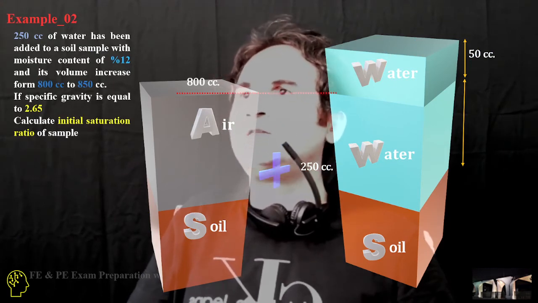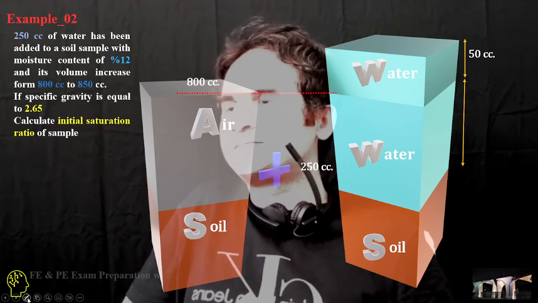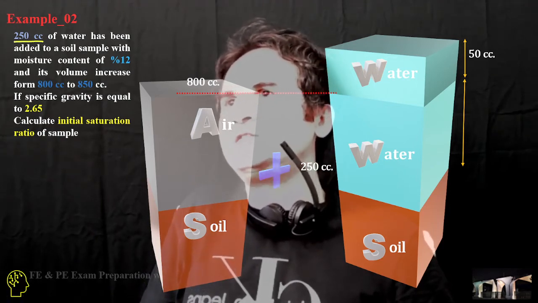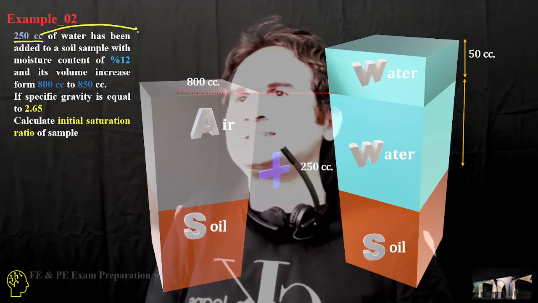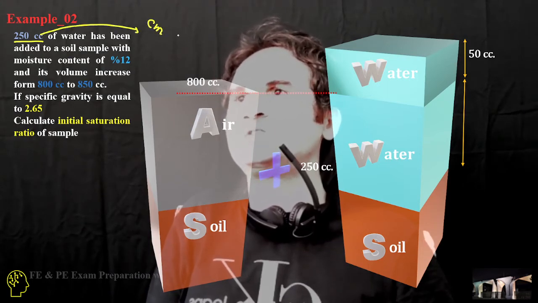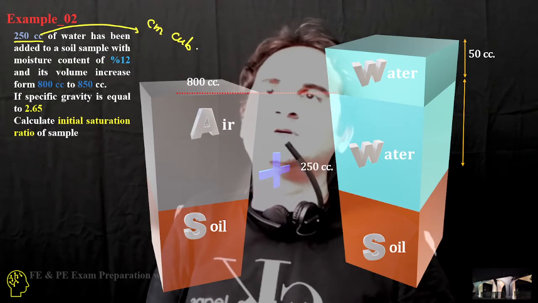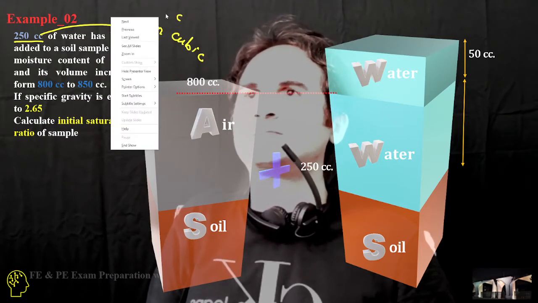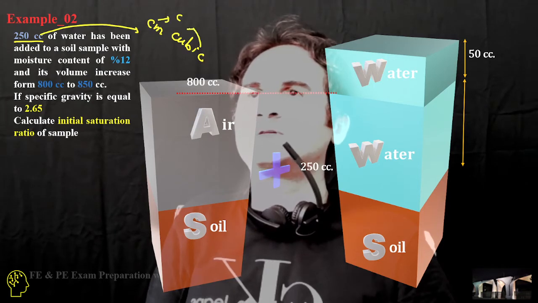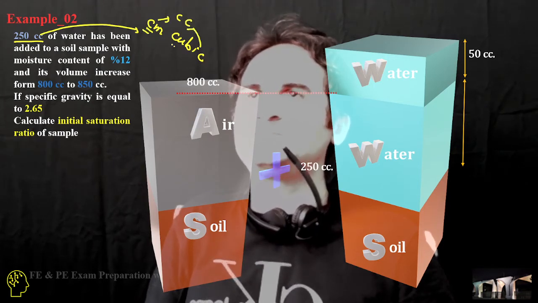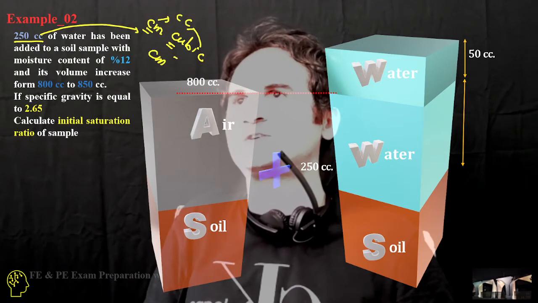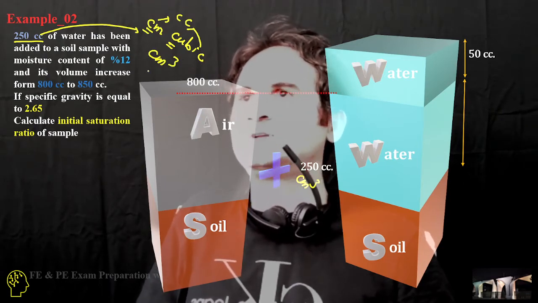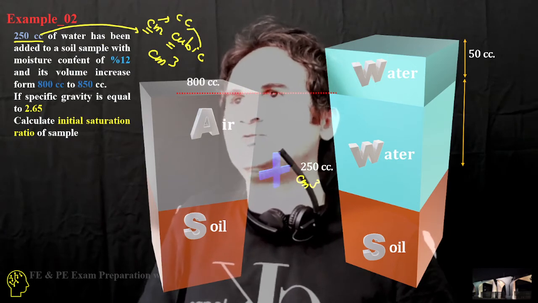So if we have 250 cc of water, and cc stands for centimeter cubed. 250 centimeter cubed of water has been added to a soil sample.